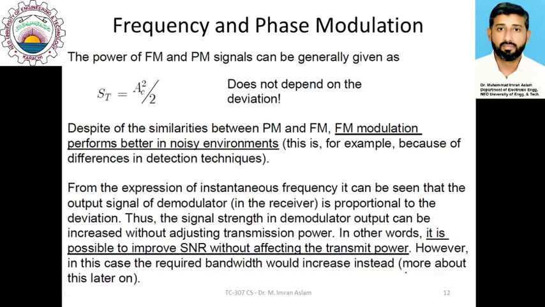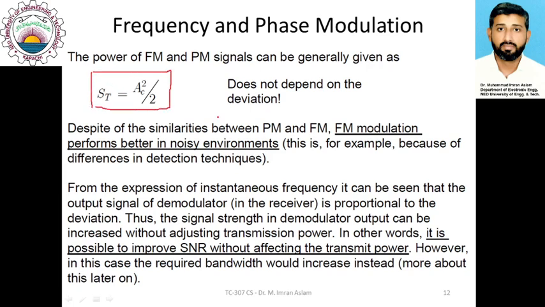Another important thing is the power for FM and PM signals. We have previously discussed that power is dependent on the carrier amplitude. For carrier amplitude, the power is generally given as Ac squared by 2, and we know that for both PM and FM signals, both have this constant amplitude.